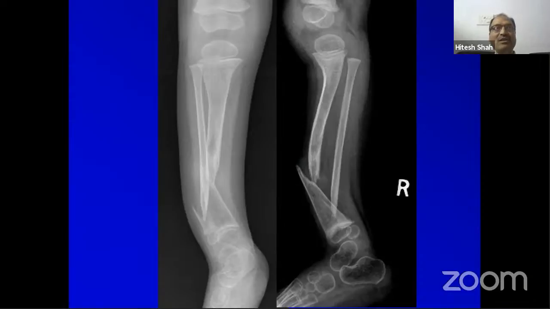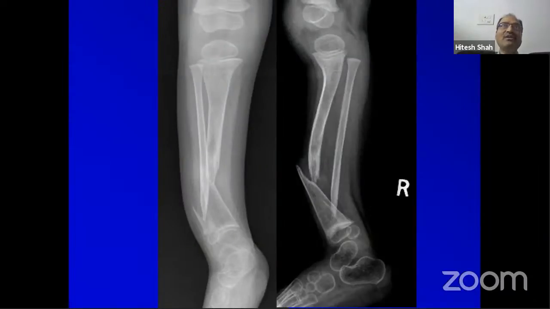Then you need to give some stimulus in the form of bone grafting. So you enhance with bone grafting, either vascularized or non-vascularized, or a cortical graft or a cancellous graft, with good stability in all planes, either coronal, sagittal, and rotational. So you can add with the intramedullary nail or the Ilizarov.